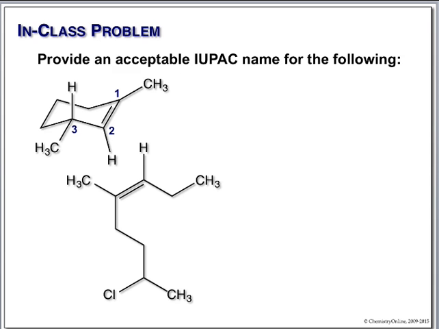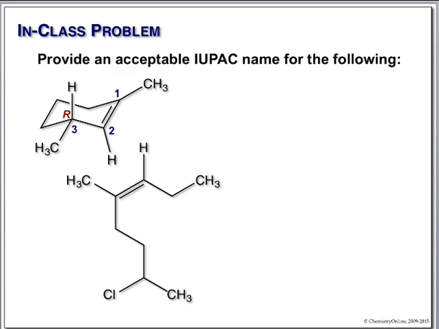Isn't it fun how it all just comes together? Our highest priority group would be our alkene here, then our CH2, and then the methyl. Hydrogen is pointing up. If we look at this guy from the bottom, it'd be going that way, and that's R. See how quickly you can do this stuff now?